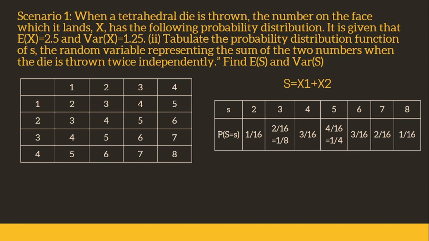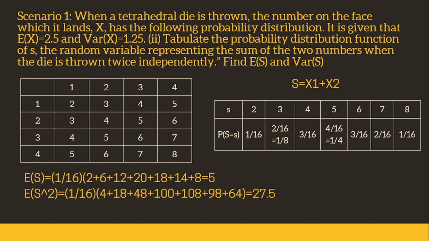So after you do this, you can then find the expected value of S and the expected value of S squared. So in this case, it will be 1 over 16 times 2 plus 6 plus 12 plus 20 plus 18 plus 14 plus 8, equal 15. Then E(S squared) will just be 1 over 16 times 2 squared plus 18 plus 48 plus 100 plus 108 plus 98 plus 64, equals 27.5.